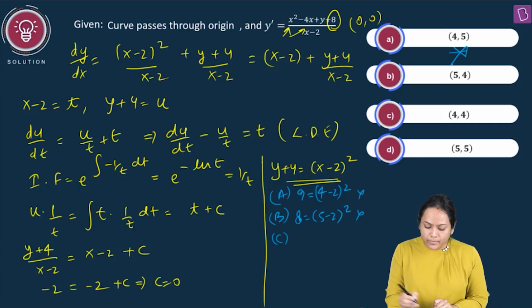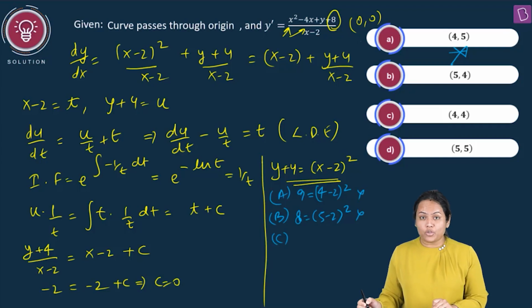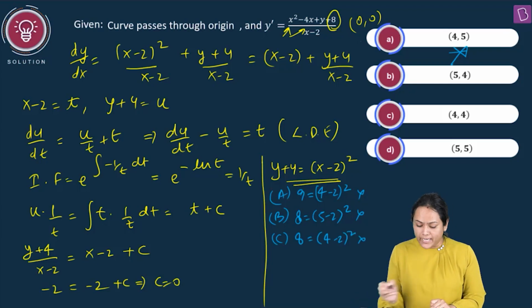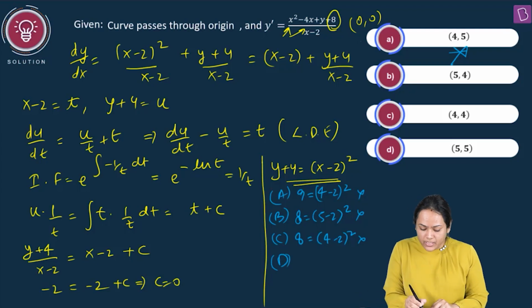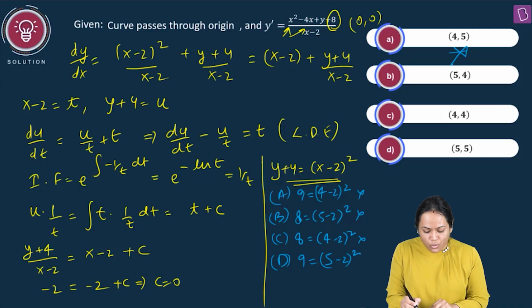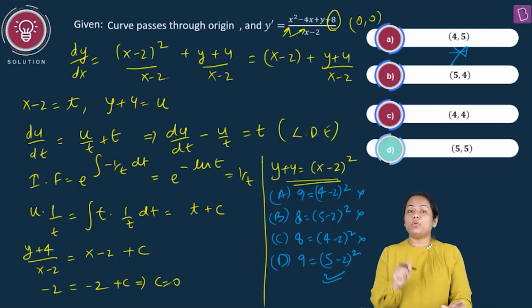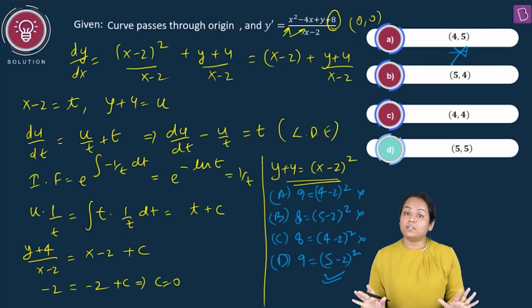Then I go to my C option, which is 4 comma 4. So when I substitute, I'm going to get 8 is equal to 4 minus 2 whole square. Again, not correct. When I put my D option, that is 5 comma 5, it's going to give me 9 is equal to 5 minus 2 whole square, which is definitely correct. That means my point 5 comma 5 will lie on the curve.